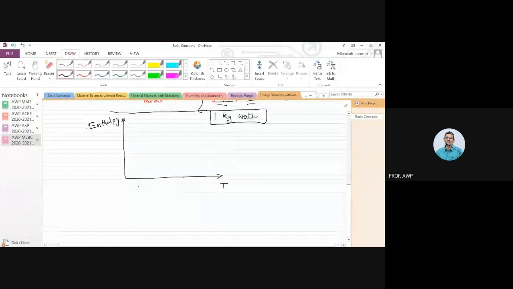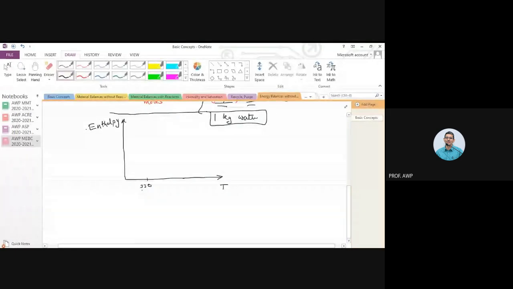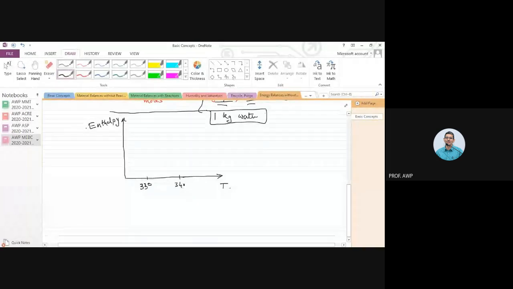Suppose I want to increase the temperature from 330 Kelvin to 340 Kelvin, with temperature written in Kelvin. How much energy, how much enthalpy, would be required for 1 kg of water heating through 10 degrees centigrade?